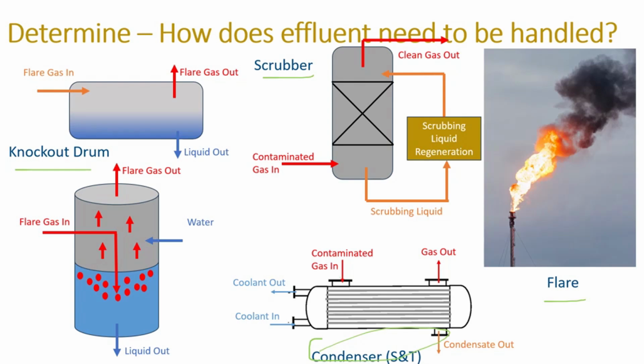So, for example, could the relief effluent go to a scrubber to scrub out the contaminants such that the clean gas could be vented? Or should it be sent to a knockout drum where the vapor that is collected can be sent to a flare with the liquid being sent to a drain? So again, what's appropriate would be a function of the particular properties of the relief effluent. It would need to be determined.